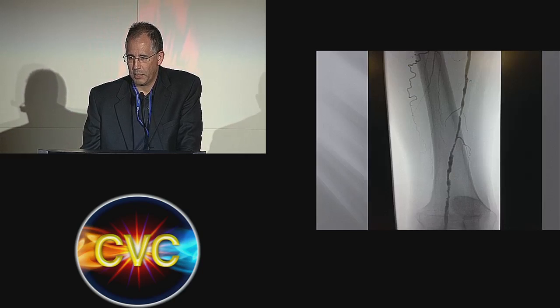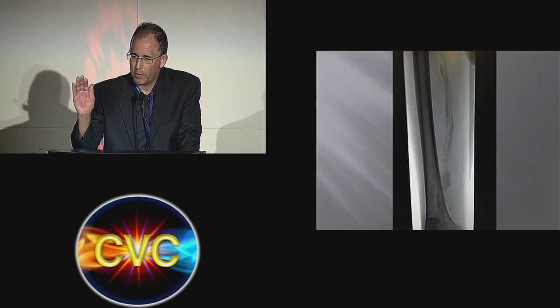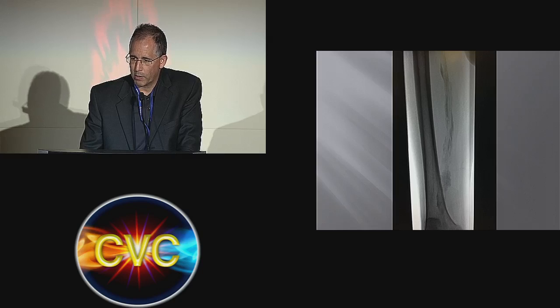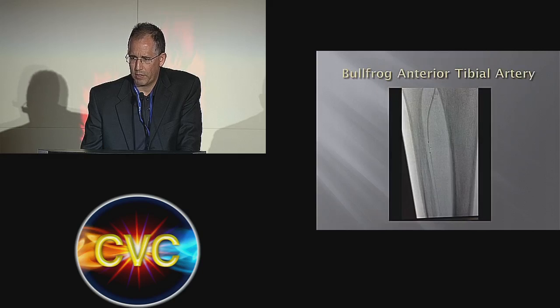So here is that particular artery prior to treatment. Then I administered the dexamethasone, and you can see how it stains the artery and how that stain migrates circumferentially all around the artery and in a cranial caudal direction. Then I post-dilated it with a balloon, and that was our final outcome. So very reasonable, very pleasing angiographic outcome.